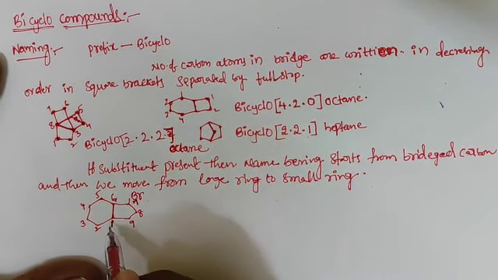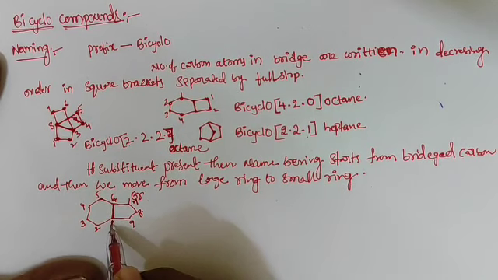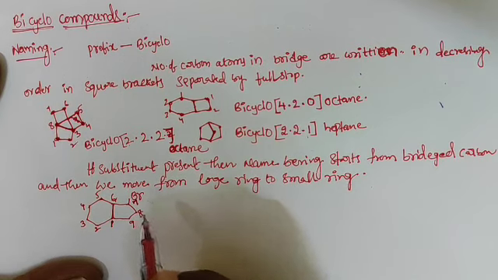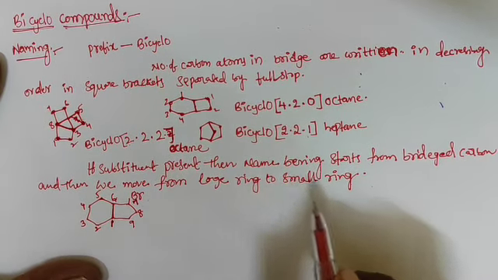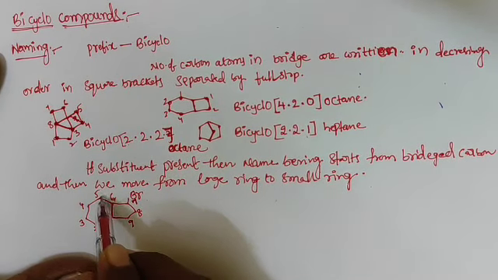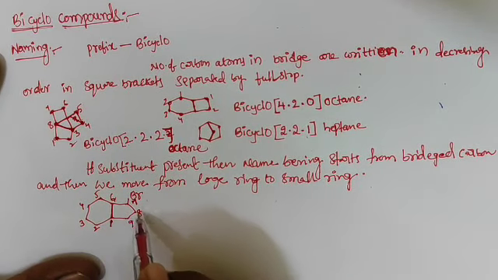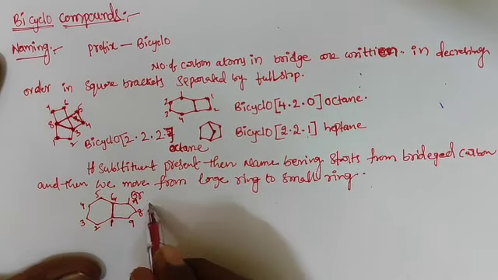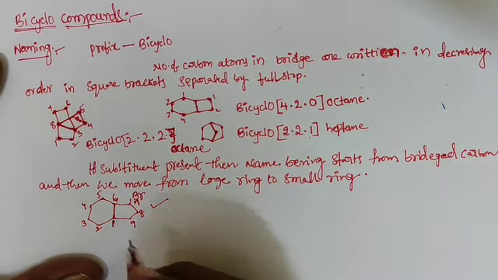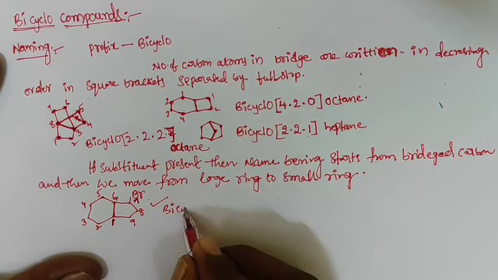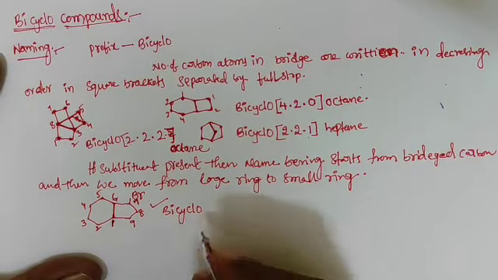We do not go into the small ring first. Only the bridged carbon atom gets the first number, and we go toward the larger ring. Which side gives the lowest number, that side we move. If we give 1 here, 1 2 3 4 5 6 7 8 9 will come, and bromine will come at 7. So this is correct. The name is bicyclo, 2 cycles, that's why bicyclo.